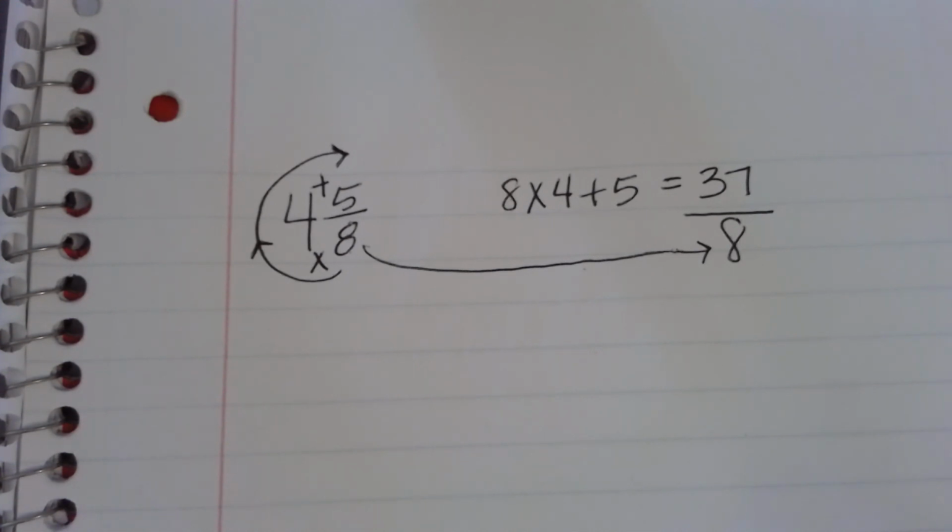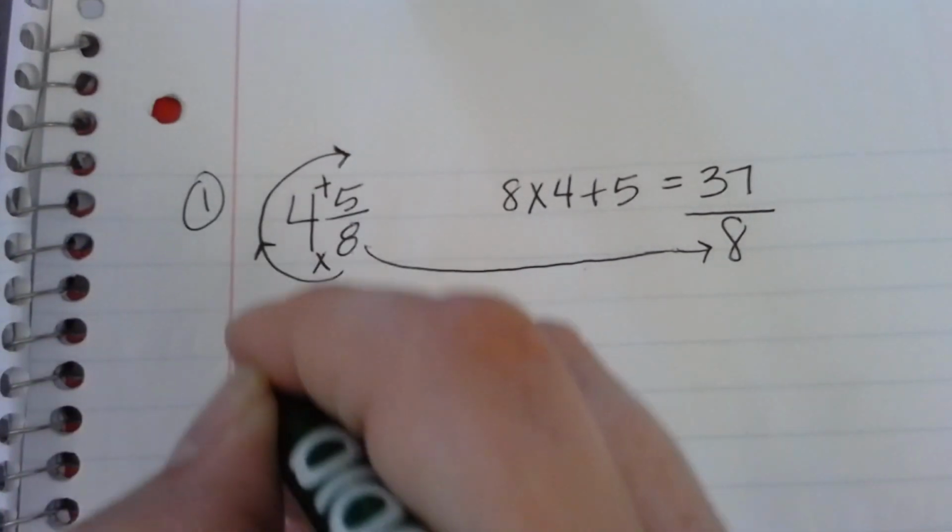And it's that simple. You take those 3 numbers, you multiply the first 2, add the last one in, and make it a fraction. I want us to do a few more. Give me a thumbs up if you would like to try one on your own. Let's say that's number 1.